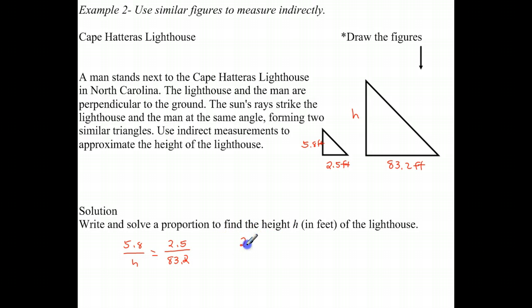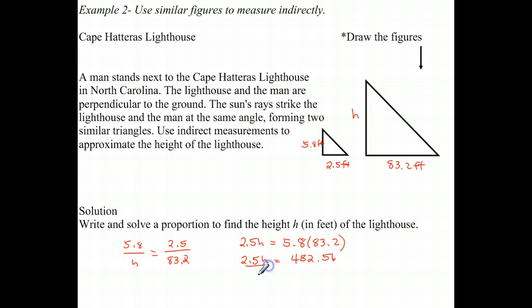To solve, I'm going to get 2.5h is equal to 5.8 times 83.2. Obviously going to pick up my calculator to see that 5.8 times 83.2 is 482.56.